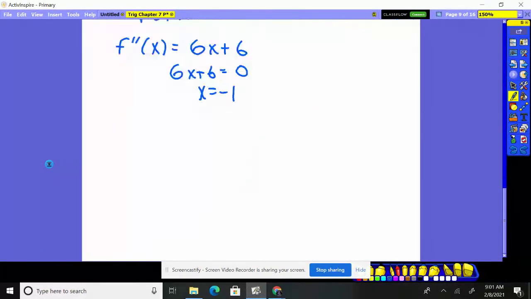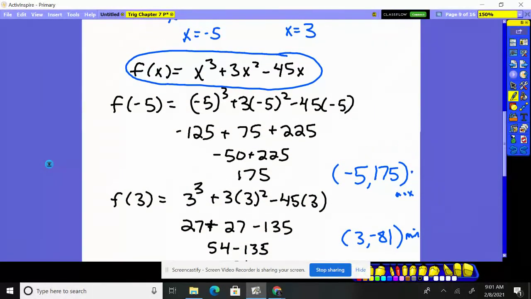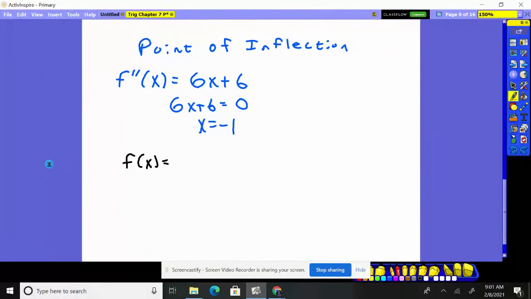Problem is I can't ever remember the equation. The original equation is x cubed plus 3x squared minus 45x. We're almost done.